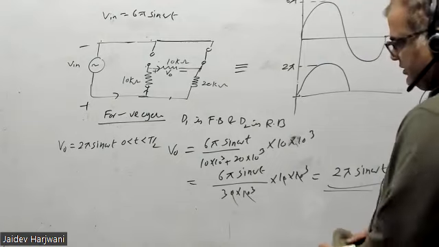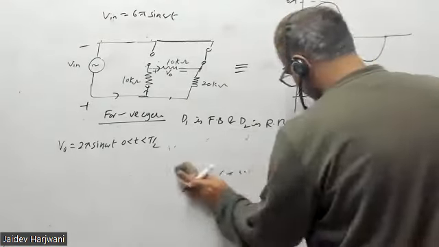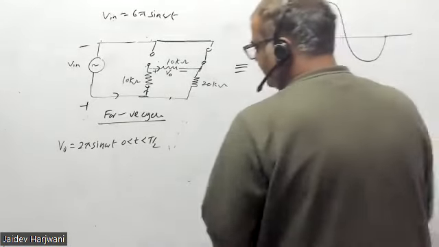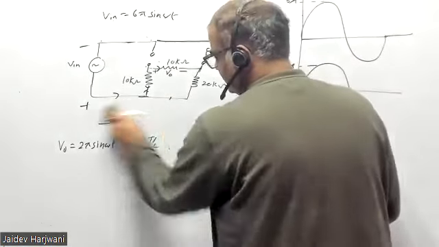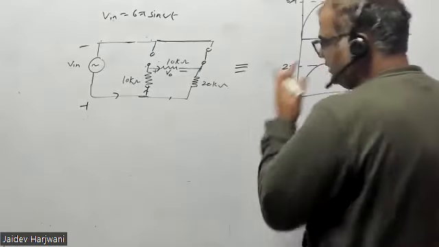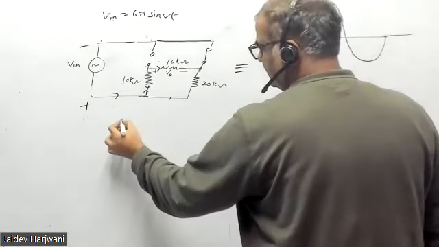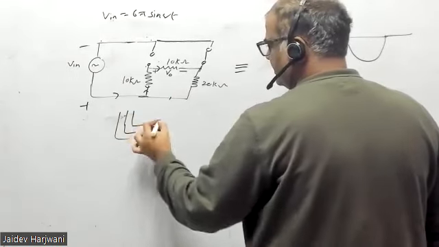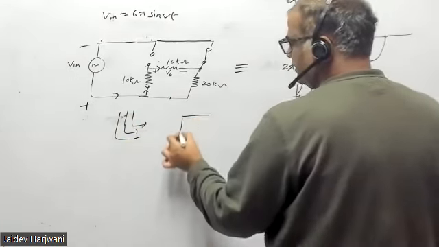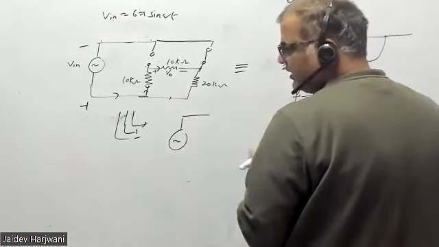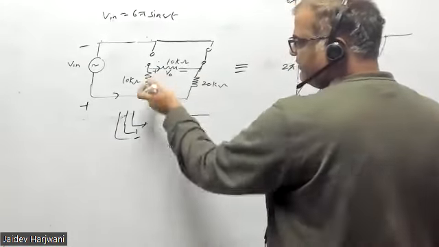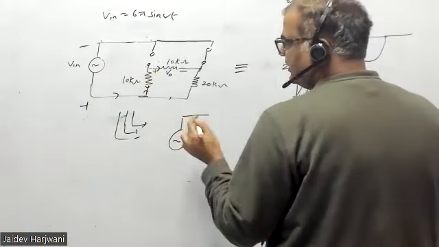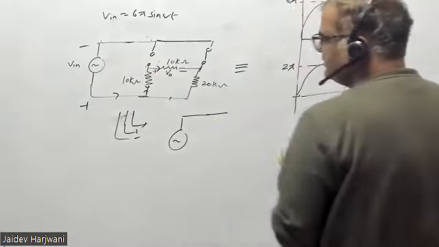So if I see the equivalent circuit of this one for the negative cycle, I can draw this circuit like this. No need to make an equivalent circuit. You can directly solve, find the current and apply current division. How much current is coming here? Accordingly, voltage will come here. But if you can find it easier, then you can do it.